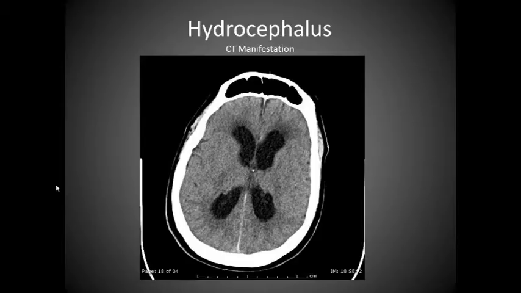So that is typical hydrocephalus. Lateral ventricles. We have this thing that divides it in between, the septum pellucidum. And so we have the lateral ventricles coming in. We do have slightly enlarged lateral ventricles, but not to the extent that we previously saw.